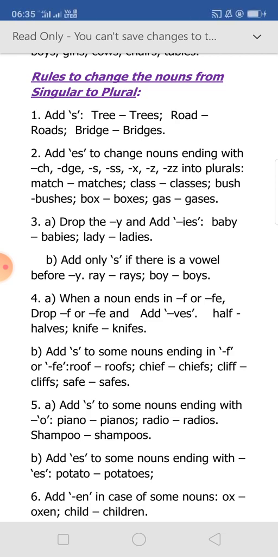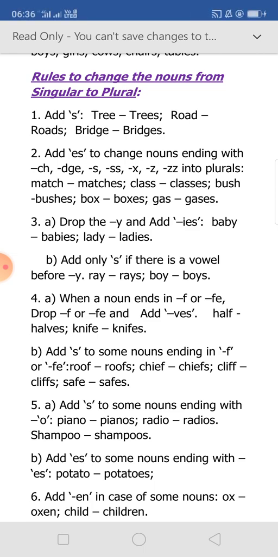Next is add es to change nouns ending with ch, dge, s, ss, x, z and zz. If these are present at the last of the word, then we have to add es. Like match, the word is ending with ch, so we will add es: matches.